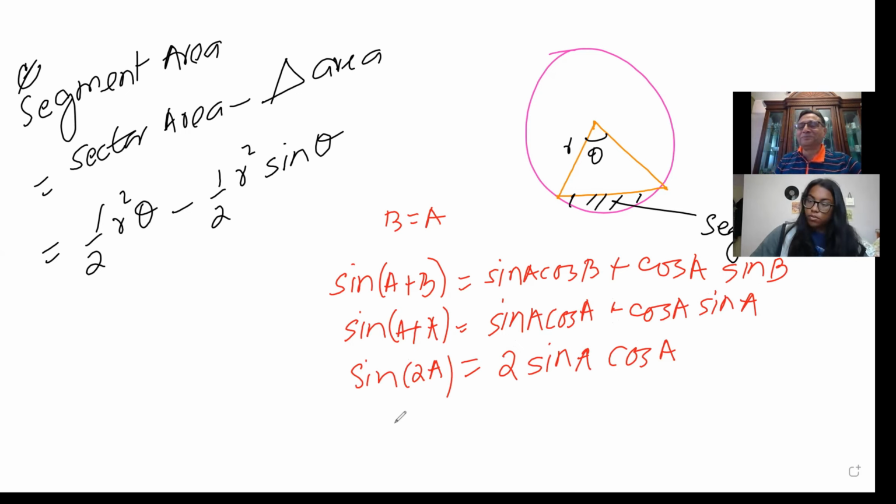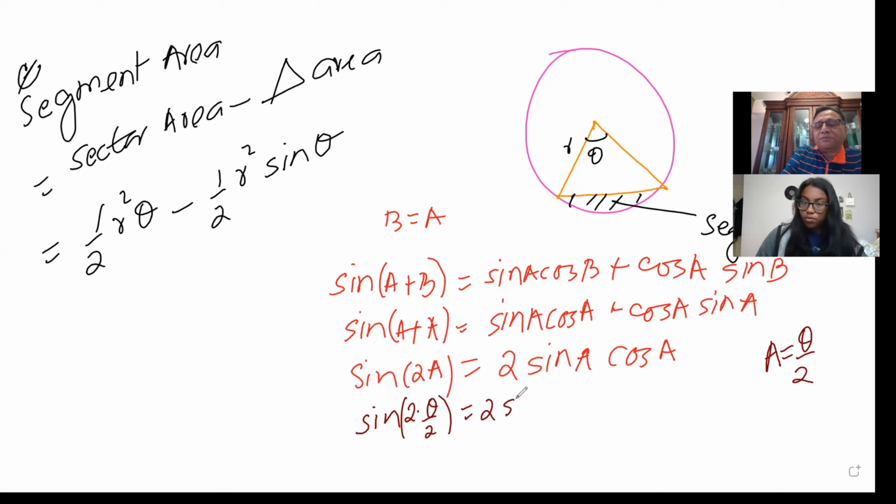You get the idea? Now, if I make a small substitution, A equal to theta by 2, I get sine 2 times theta by 2 equals 2 times sine theta by 2 times cos theta by 2.